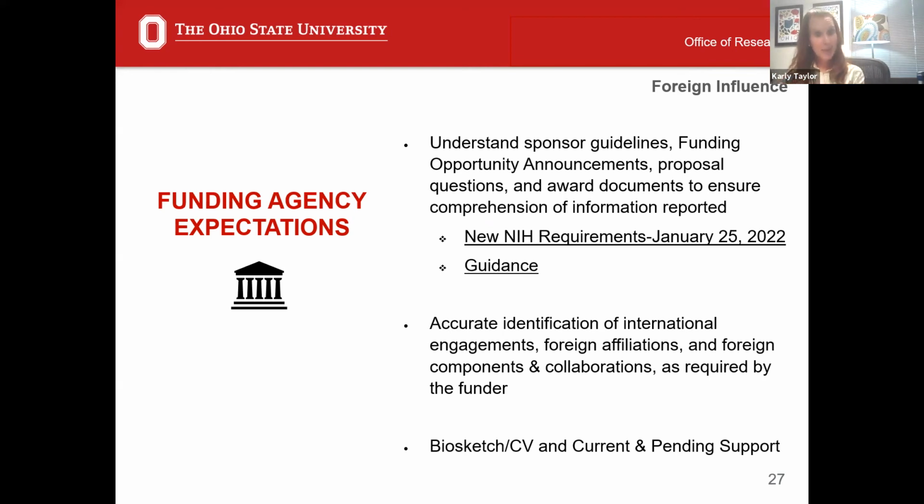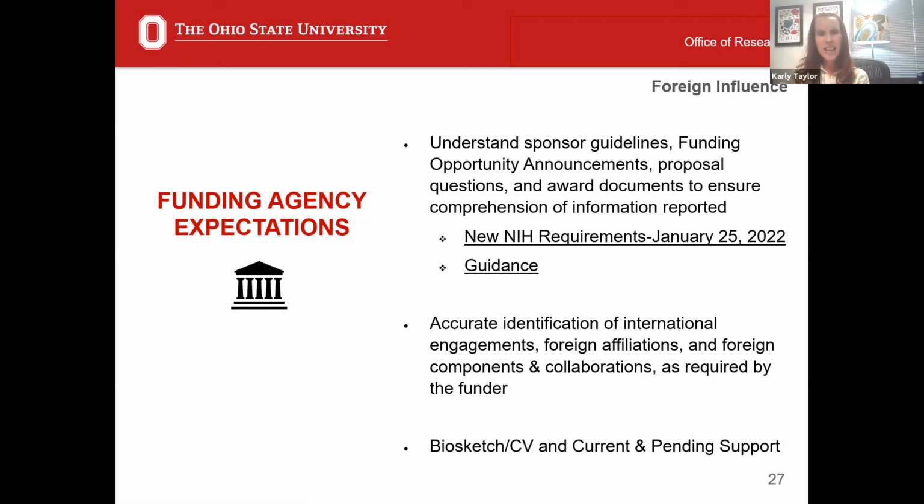Apparently they're trying to be more aligned, but we really put it on the investigator to understand what the sponsor's guidelines are. What does the funding opportunity announcement say? Am I answering all their questions correctly? Am I certifying whatever the notice of award is saying that I'm doing or not doing?